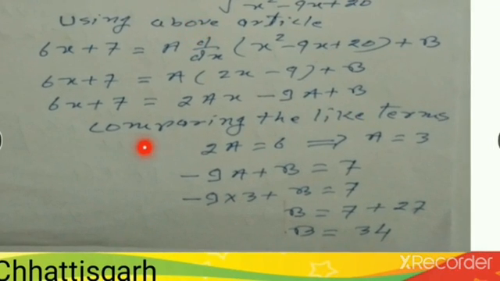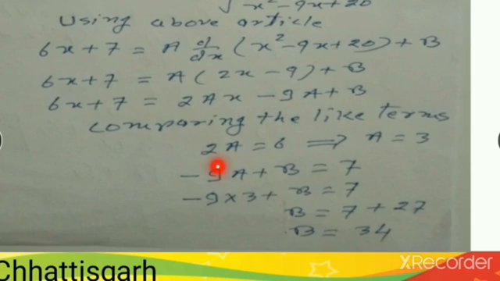Now comparing the like terms: on the left hand side, 6x means x is multiplied by 6, and 7 is the constant. On the right hand side, x is multiplied by 2a, and minus 9a plus b is the constant.